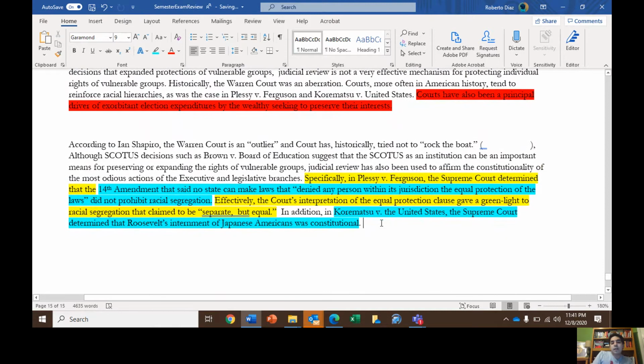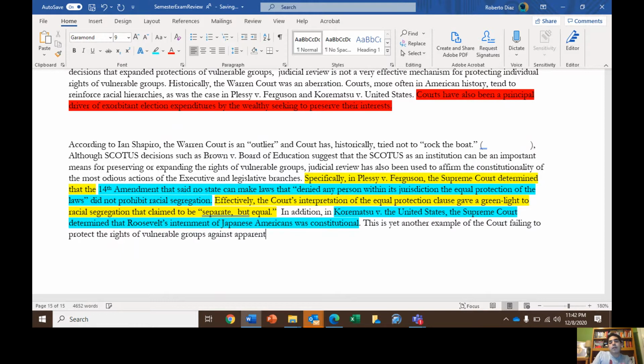And so you could just put, this is yet another example of the court failing to protect the rights of vulnerable groups against apparent executive overreach or unconstitutional executive overreach, anything you want. So that's sort of another explanation.